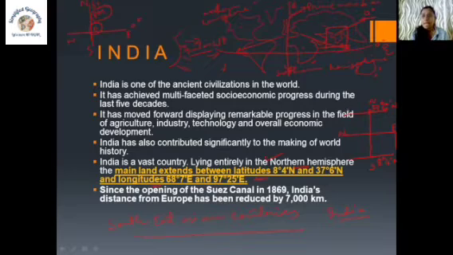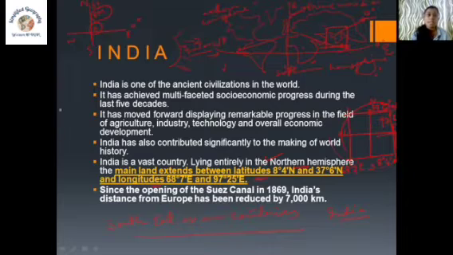Clear? And 68 degree 7 minute east to 97 degree 25 minute east. So this is the location.